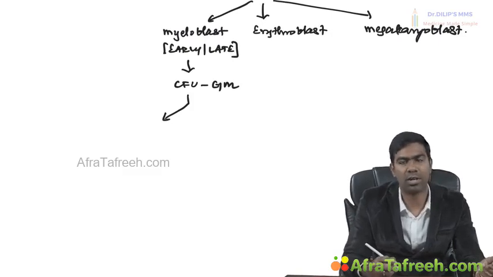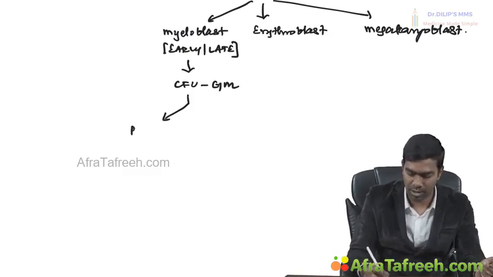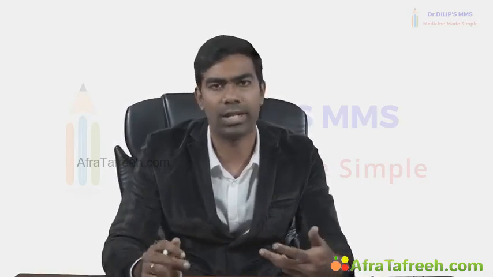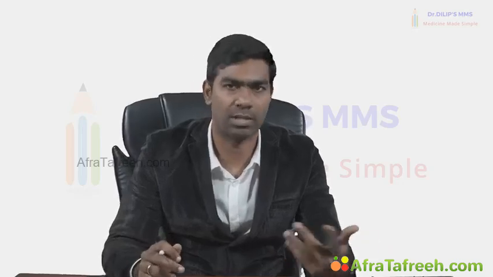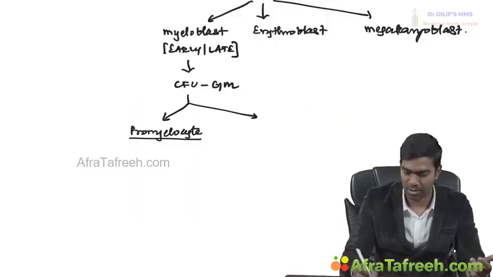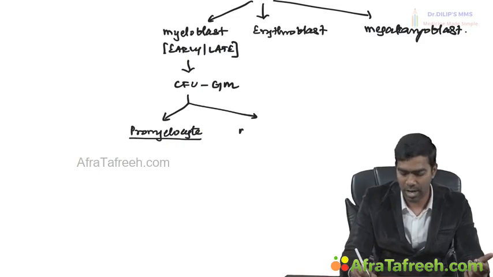This further differentiates into a promyelocyte. Remember, even though I say the word simply promyelocyte, there is a neutrophilic promyelocyte, there is an eosinophilic promyelocyte, and there is even a basophilic promyelocyte also, even though the exact origin of the basophil is a controversy. But anyways, you have a promyelocyte and it gives rise to a monoblast.